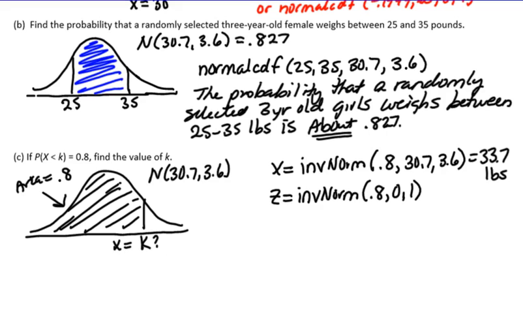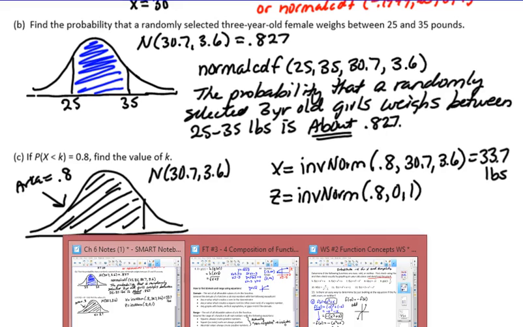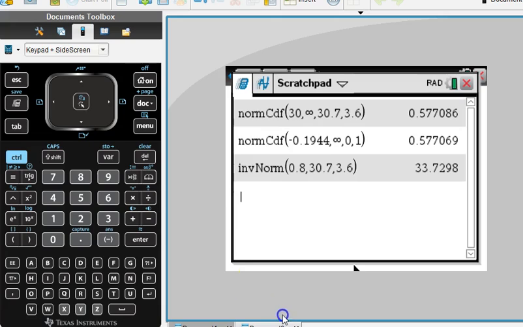So let's go through and do that again using 0 and 1. Menu, statistics, distributions, and then inverse norm. So 0, 1.